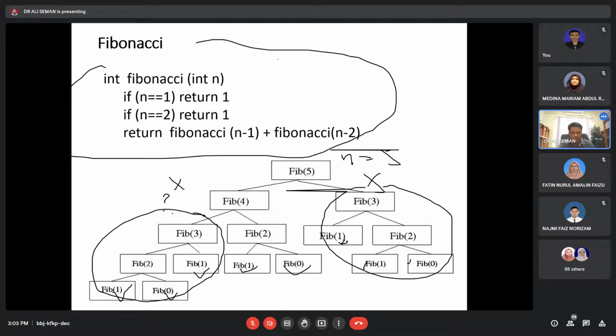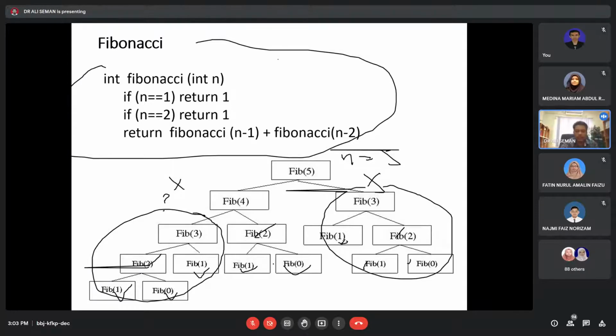This problem is already solved, and yet we need to redo it, which is the same thing, 3. Similarly with 2 here, 2 here, and 2 here. We have 2, 2, 2. It's already solved. And 1, of course, automatically returns 1, and 0 returns 0. Then we just get the value. This is the problem here.